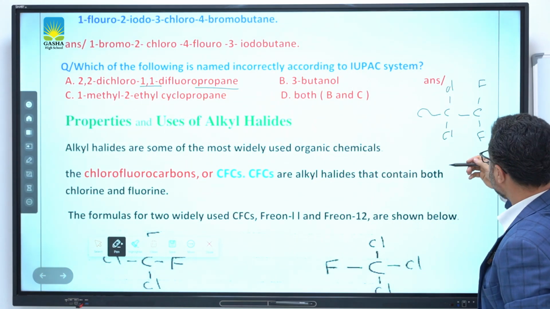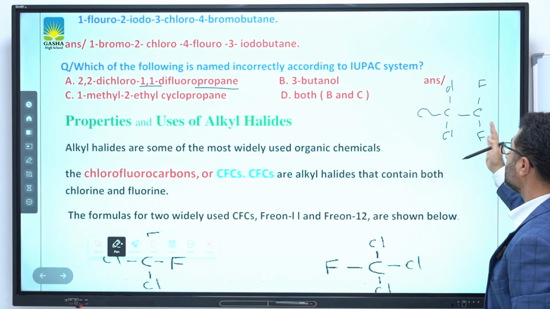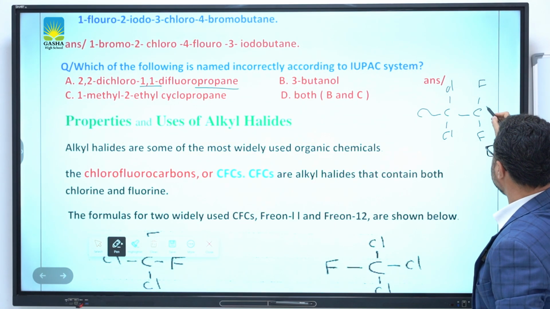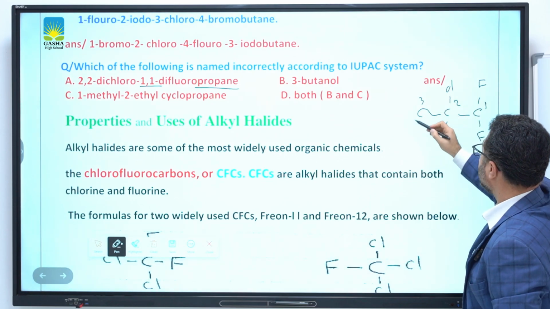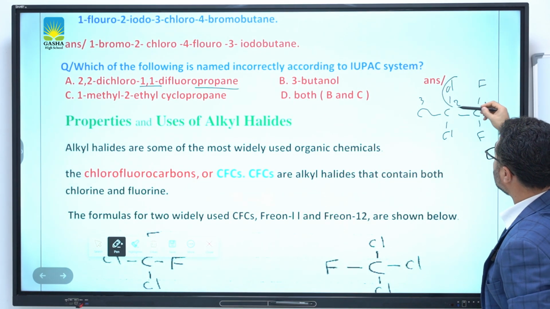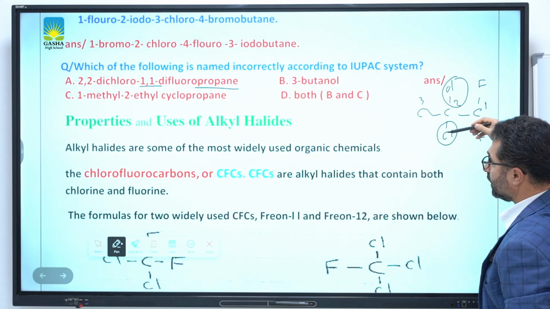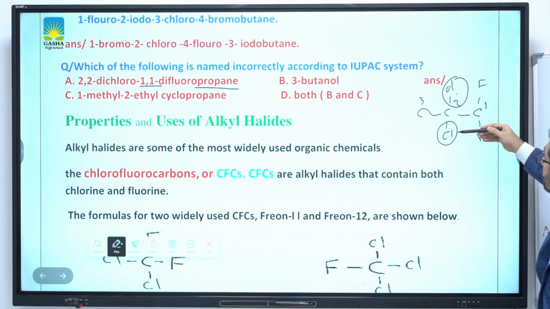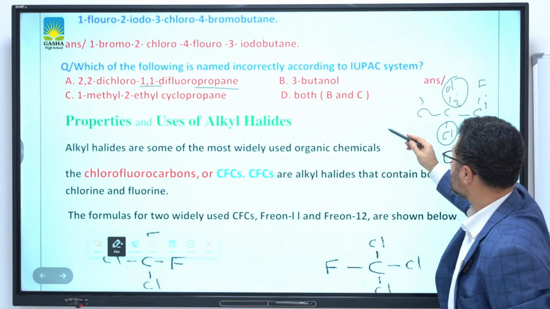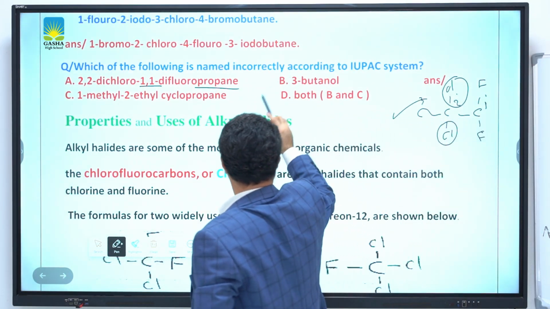It's correct. Why? Because the halogens are closest to the right side, so you have to number it from the right side: 1, 2, and 3. And first you name the chloro because it comes first in alphabetical order. So it's 2,2-dichloro-1,1-difluoropropane. So it's correct. B.